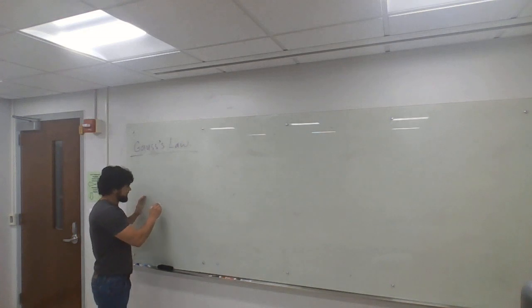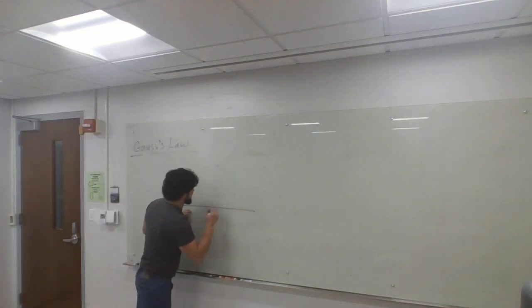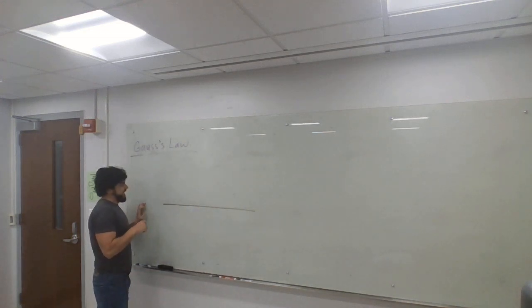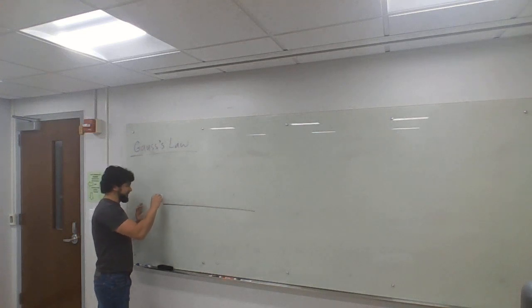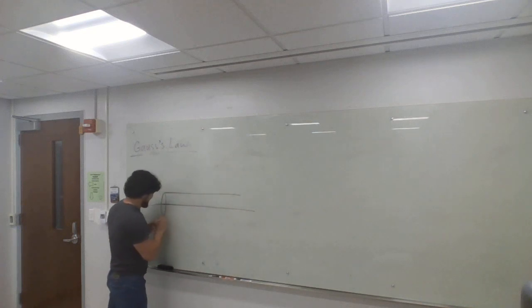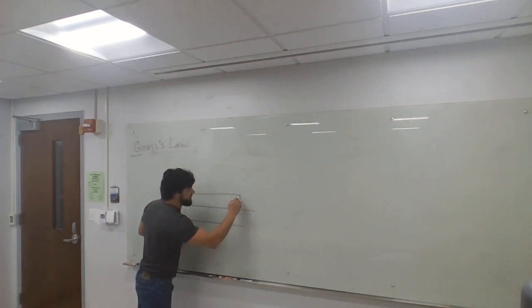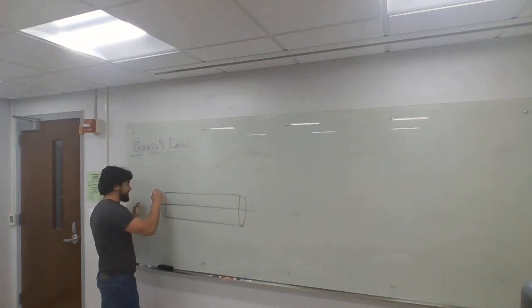Let's have a rod. I'll make it a little bit difficult. Let's have a cylinder. It's an infinite rod or infinite wire, and a solid cylinder of radii A and B, for example. Of course, this is infinite as well.